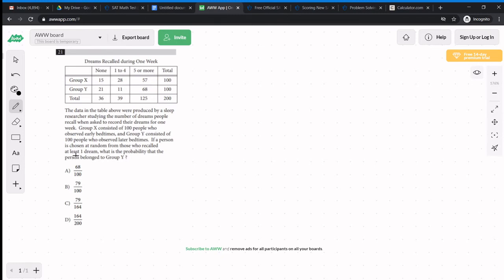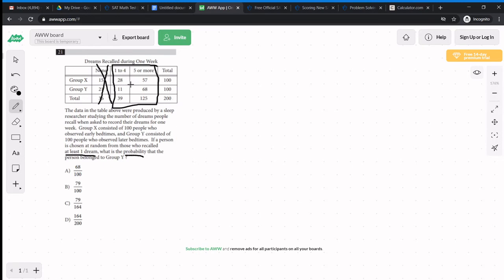So by saying at least one dream, you're making sure that we do not count this section who does none. It's 1 to 4 or 5 or more. So we look for within these two groups, right? How many belong to group Y?